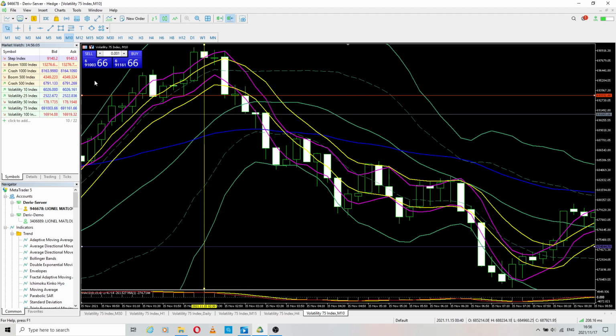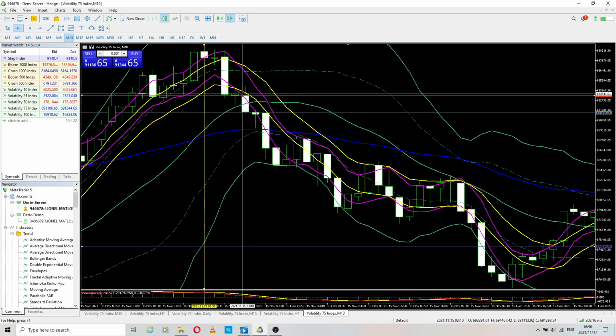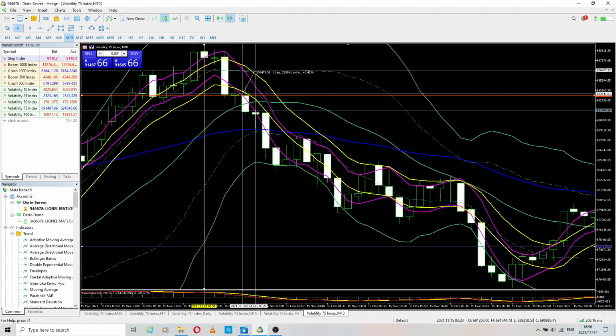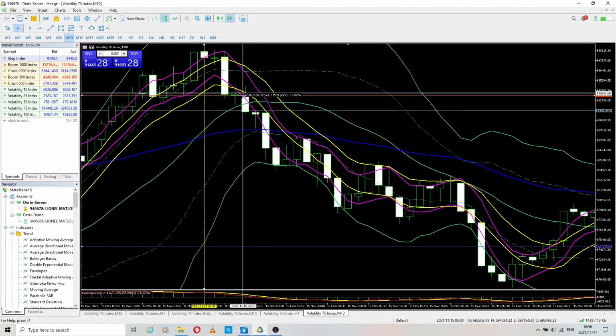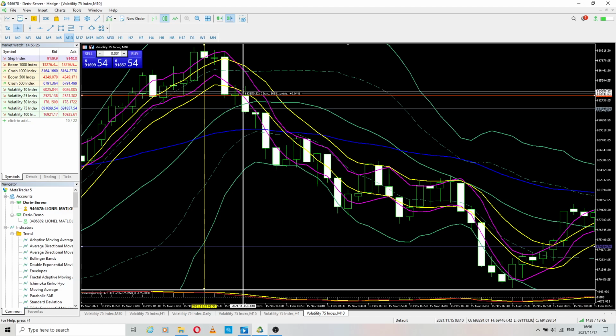So on this CSD right there, that's where now you'll say, okay, this would be my entry there. First entry will be there. Then the market shot down. Instead of the market holding the area or going back, it didn't go back, it shot down. So that's where you take your first entry right there.